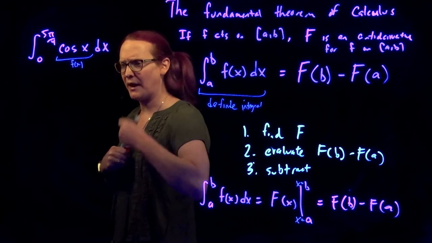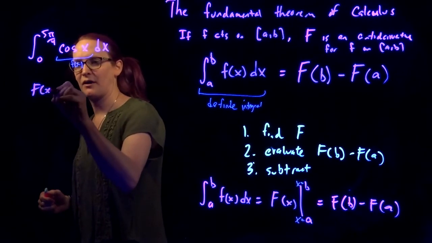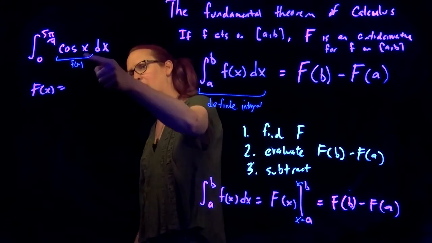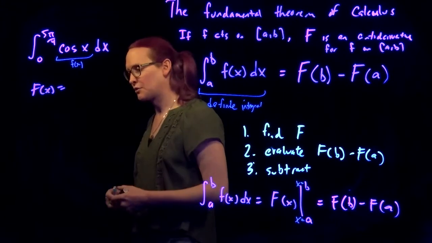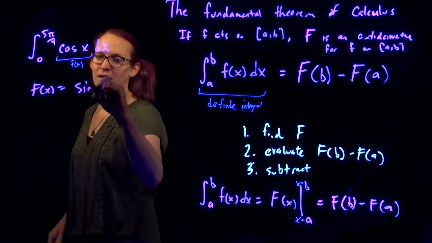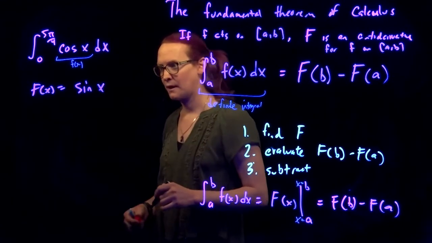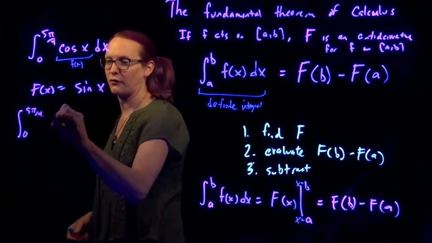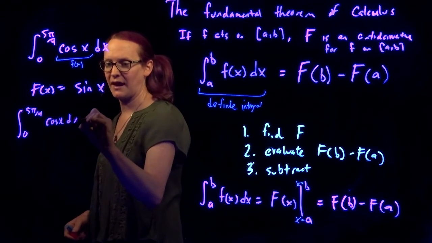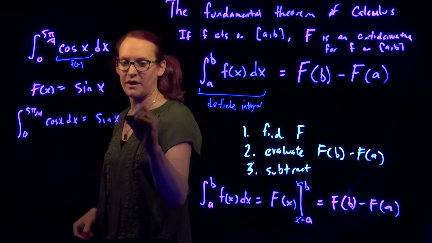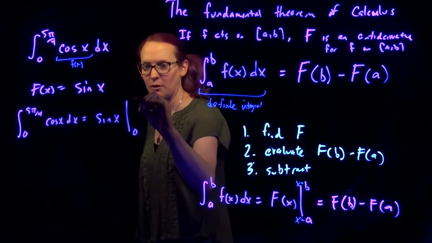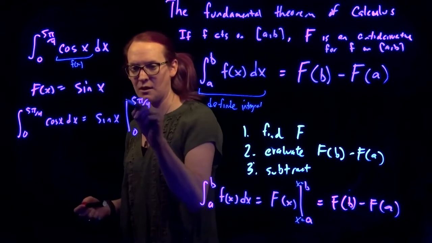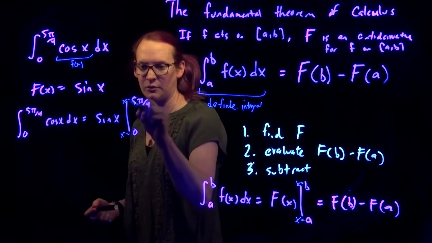So if I do that, then capital F of x is equal to, let's see here, what do I take the derivative of to get cosine? I take the derivative of sine to get cosine, which means that the integral from 0 to 5 pi over 4 of cosine of x dx is equal to sine of x evaluated from 0 to 5 pi over 4, where I have x's right there.